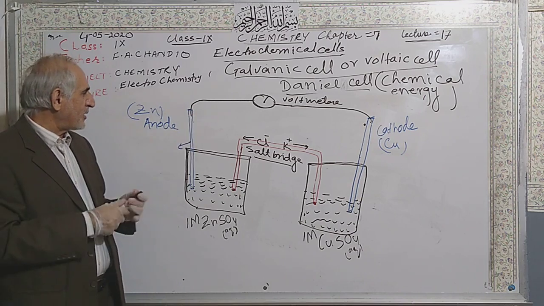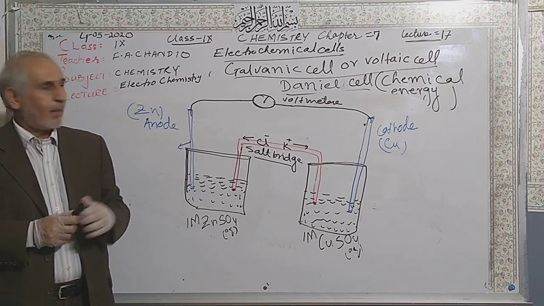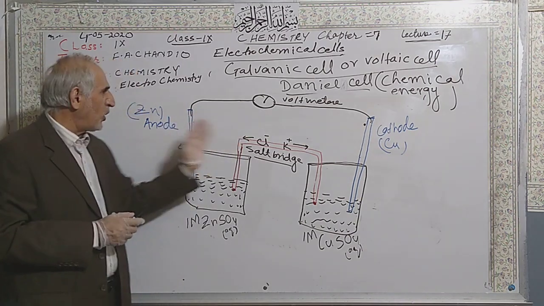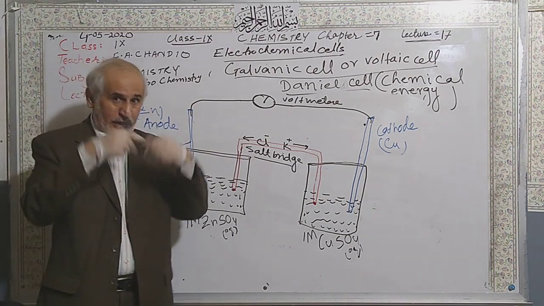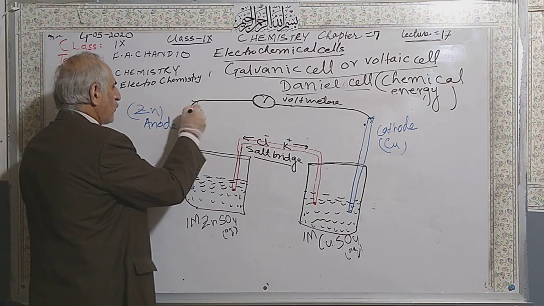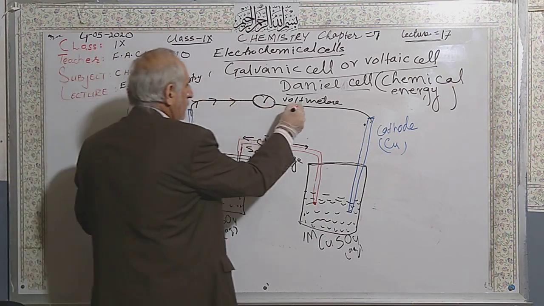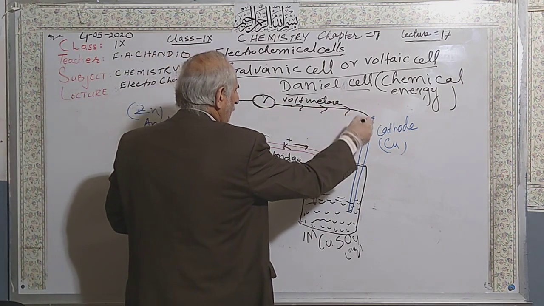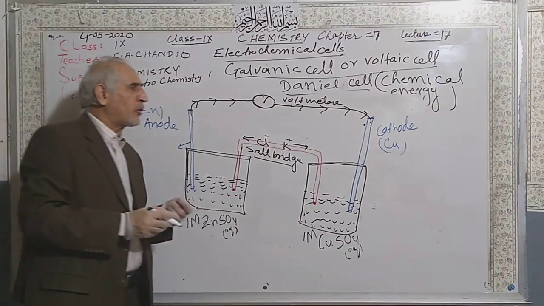So when I connect the voltmeter with the anode and cathode, and there is one point I already explained in the previous lecture, always electron flows from anode to cathode. The flowing of electrons must be from anode to cathode.